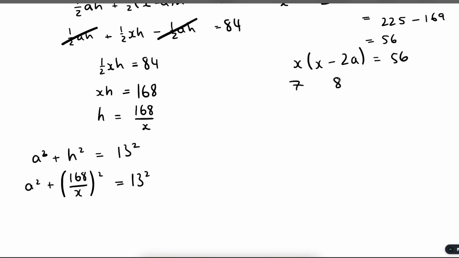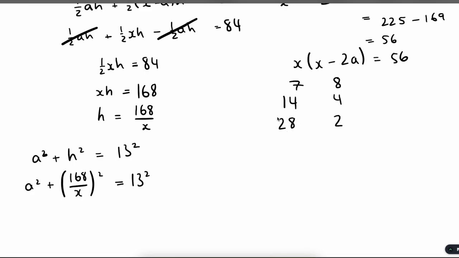We know that 7 times 8 makes 56. We can also times that by 2 and then divide that by 2, and that should also make 56. If we times this by 2, we get 28, and then we divide this by 2, we get 2, so that should also make 56.